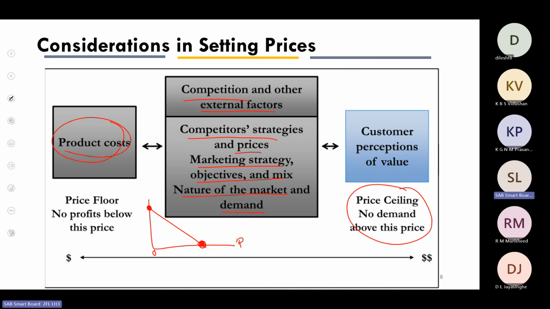So we have to consider which kind of demand we have for our product and how our competitors are setting their prices. Like in the telecommunication industry, the mobile lines, Dialog and others, are using similar kinds of pricing. If it comes to CBL and Unilever, again, they are using the same types of pricing, right?